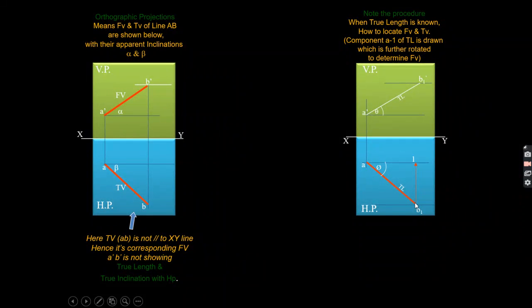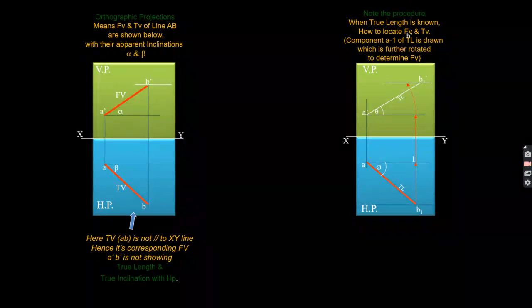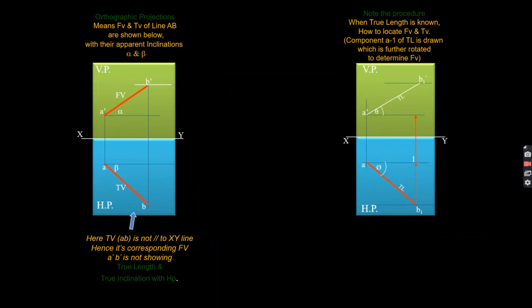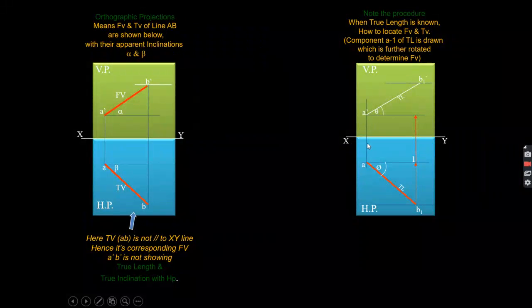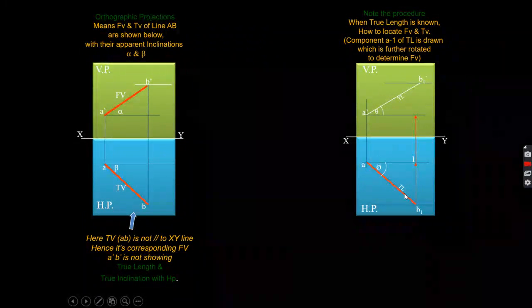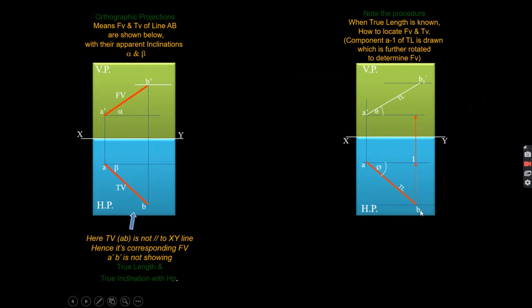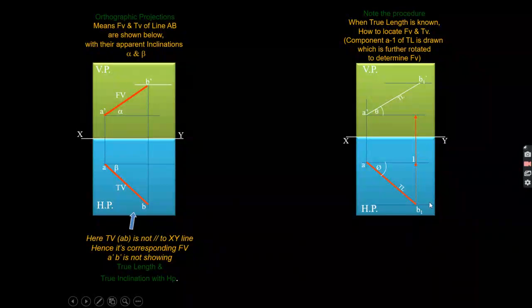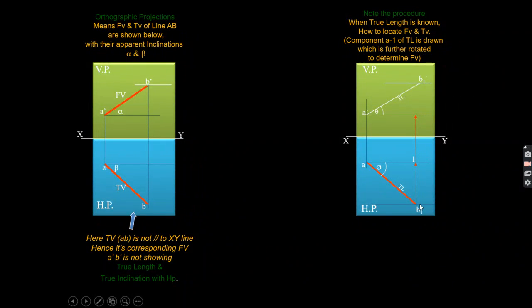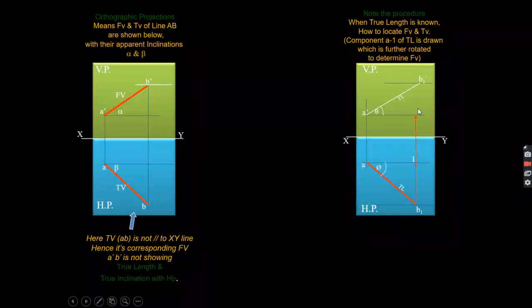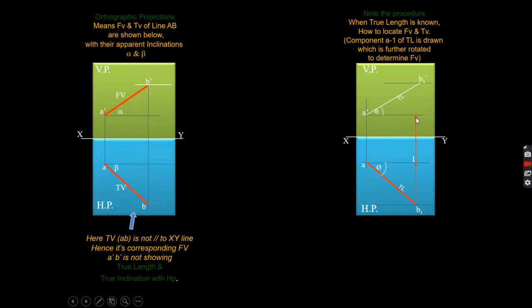Okay. So this is how I can draw the front view of that line when it is only inclined to the vertical plane. So this point I am indicating as the B1. So you can take it as the B2. Okay.